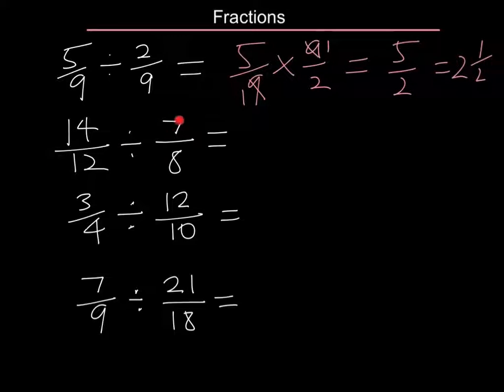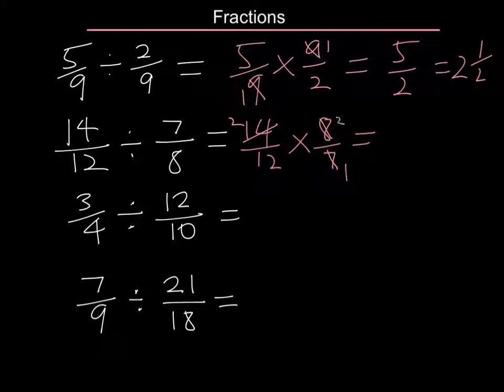14/12 divided by 7/8. I'm going to write that as 14/12 multiplied by 8 over 7. Again, the reciprocal of the second number multiplied instead. Can I cancel anything? Yes. Well, 7 goes into 14 2 times, 7 goes into 7 once. 4 goes into 8 twice, 4 goes into 12 3 times.